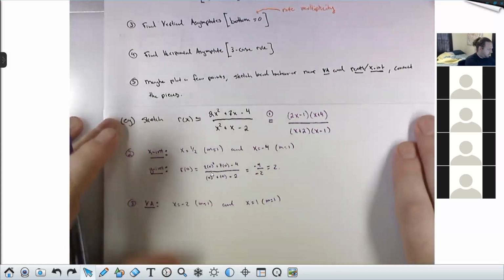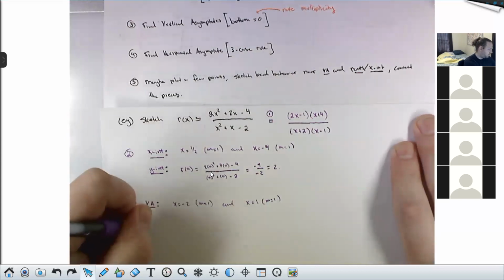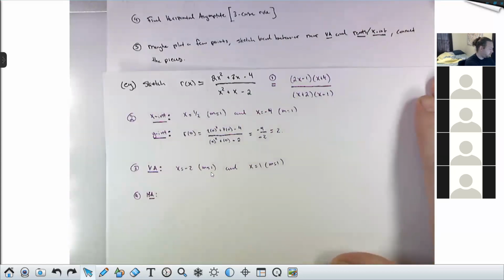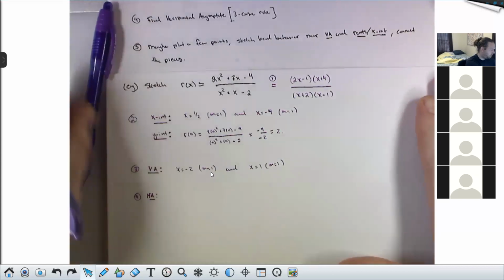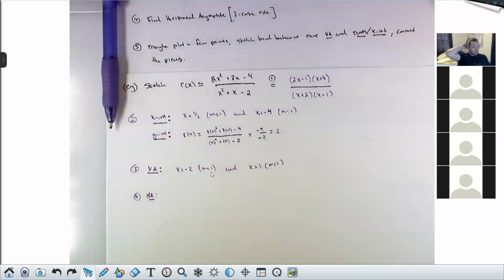Okay, horizontal asymptote. There's only ever one of them for a rational function. Other functions can have multiple HAs, but not rational functions. What is the horizontal asymptote for this rational function in y? Would it be 2? Yeah, very good.